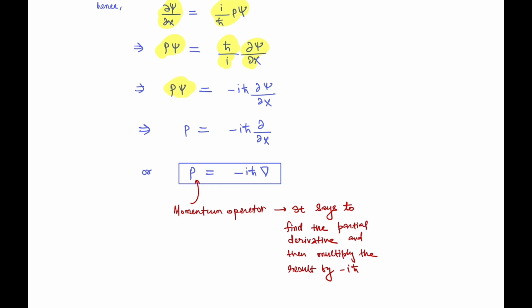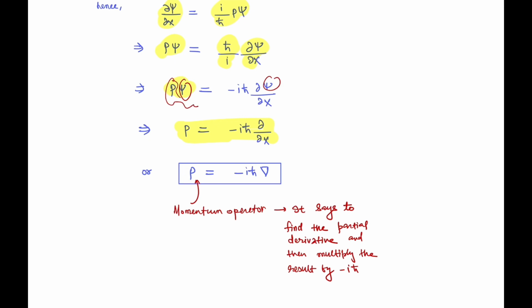From here you find that p is going to be minus i h bar times the partial derivative operator with respect to x, and we have removed psi from both sides to get the operator for momentum.